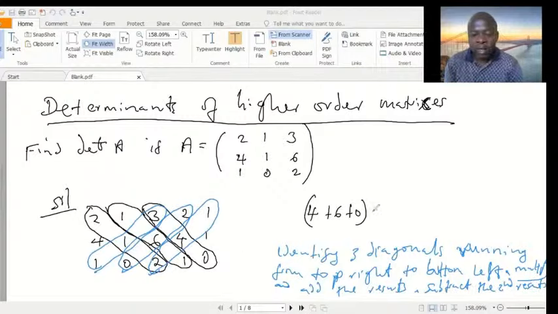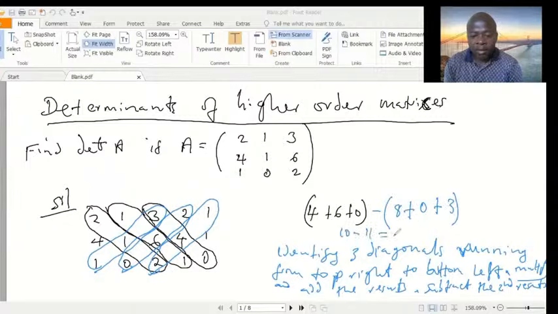What I mean is, I would have minus, multiply this, I get 8. Multiply this, get 0. And multiply this to get 3. So the earlier result was 10, and the new result here is 11.